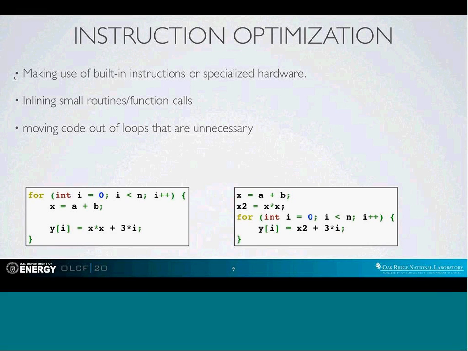Instruction optimization. Here's something I see actually very, very often. Often when scientists write, they'll write either a loop or a function. They'll write it very much in how they're thinking. First you do A, then you do B, then you do C, and they kind of put it in and say, oh, I need to do this many times. And then they don't realize perhaps that they've added instructions they could have removed from the loop.